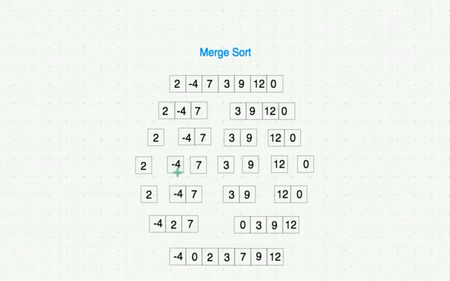So merging -4 and 7, and then merging 2 and -4 and 7, those two arrays, and then doing that on the left, doing that on the right, and then bringing these two arrays together at the end. So leveraging the smaller sorted arrays to more easily sort the whole array. That's merge sort.